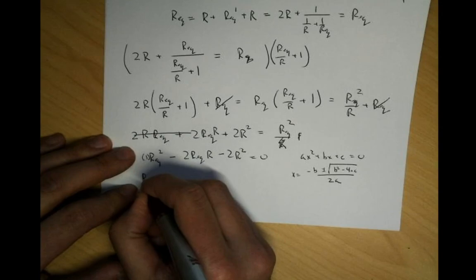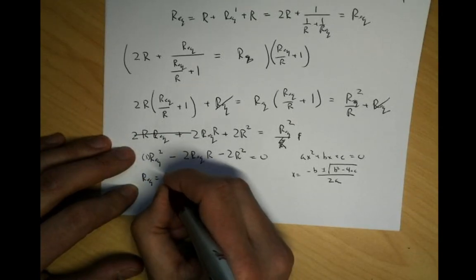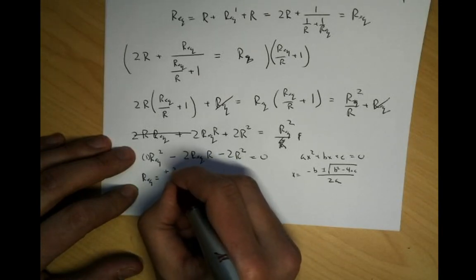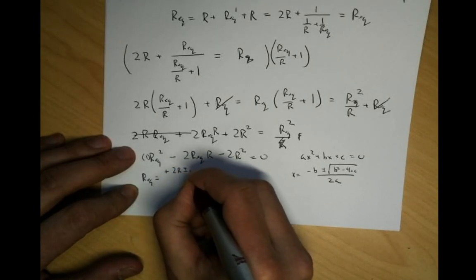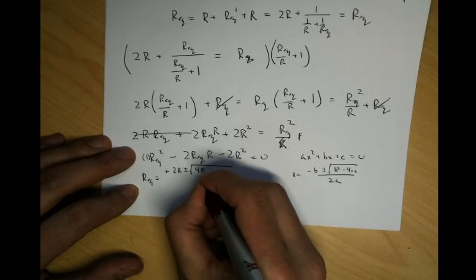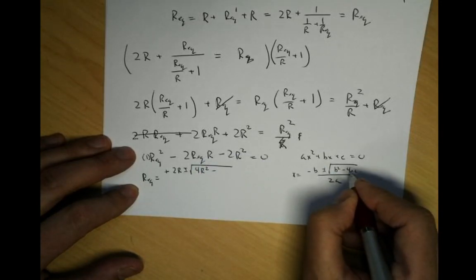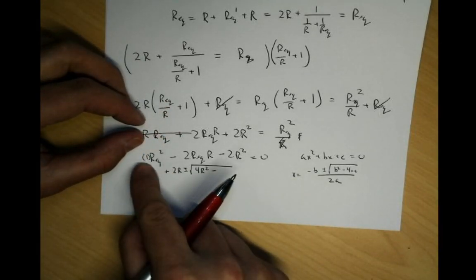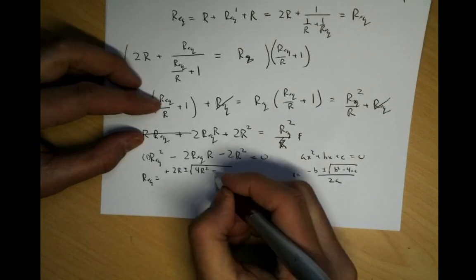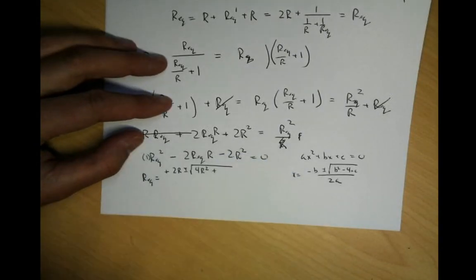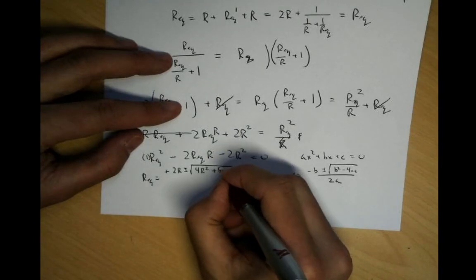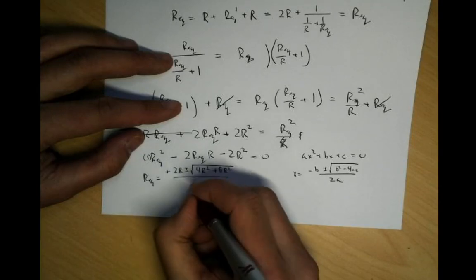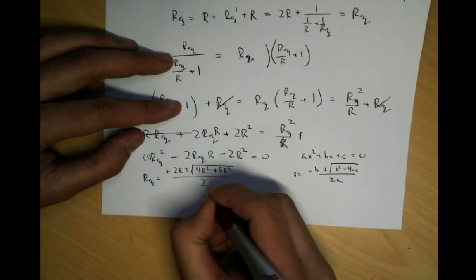So this R equivalent is equal to minus, this is a minus sign, but it becomes plus 2R plus or minus square root of 4R squared minus 4 times a c, so 4 times a is 4, c is minus 2R squared, so it's plus 8R squared, good, divided by, perfect, 2a, that's just 2, okay?